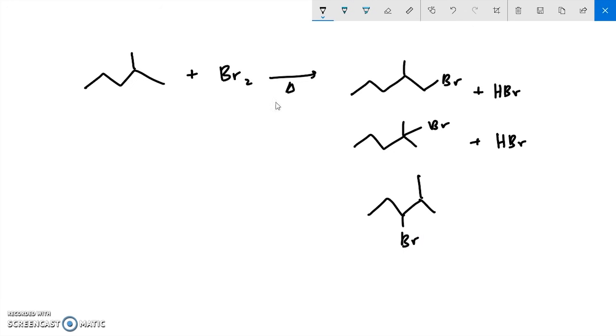There are also other possibilities that the product can form. It can also replace the hydrogen from here, and any available hydrogen. Among the three products, the most stable compound will be the second one, since the compound will form a more stable radical at the tertiary carbon compared to the primary or compared to the secondary carbon.